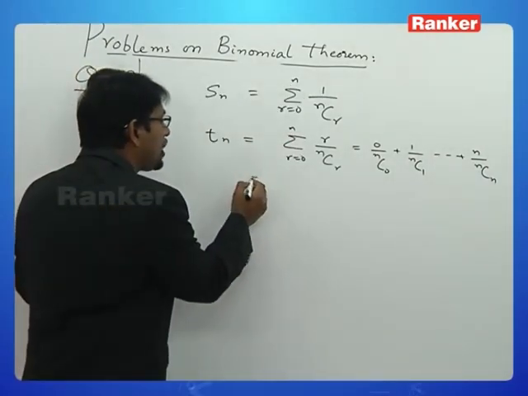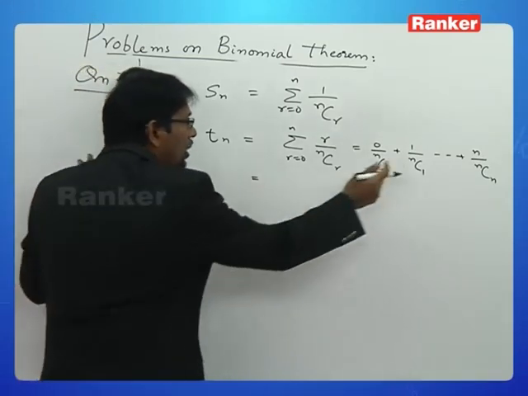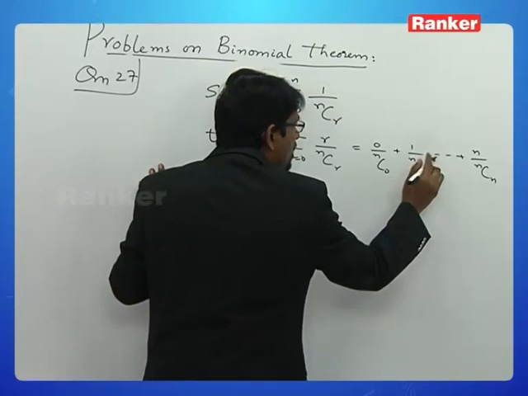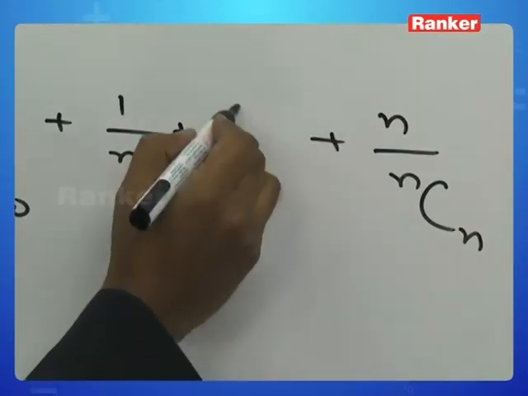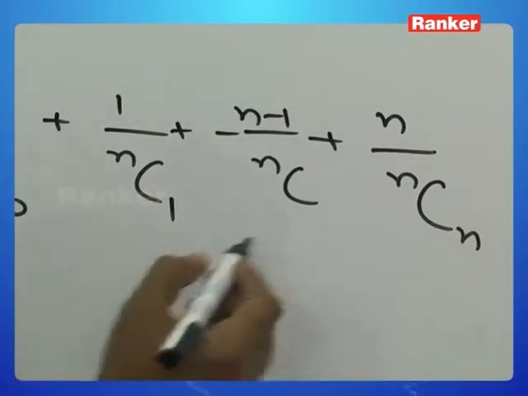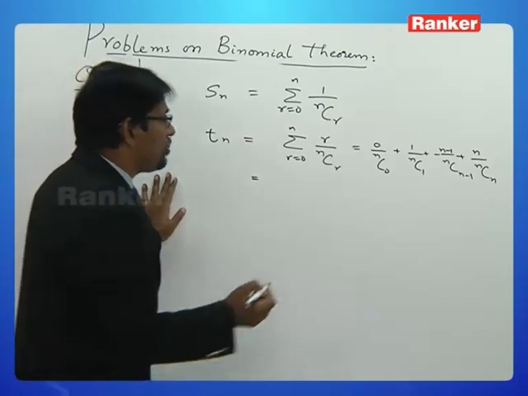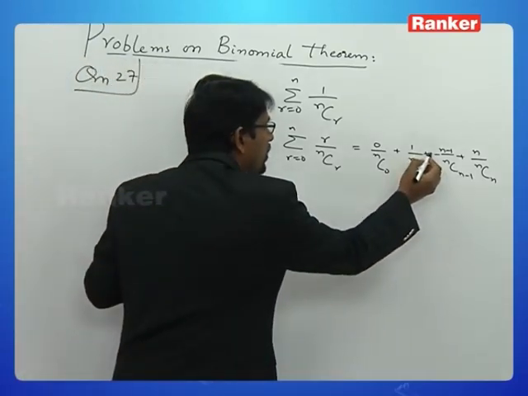I can reverse the summation here. If I write it in the reversed order, I can look at what is the previous term to this. The term previous to it is n minus 1 by nCn minus 1. Okay, the term previous to the last term there.